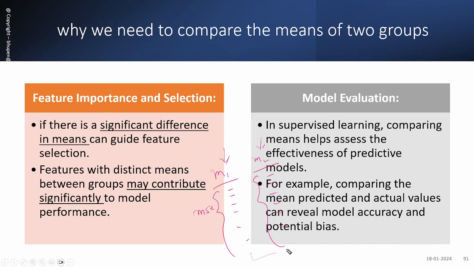And then we would like to see if the mean of the measure for M1 and the measure for M2 are equal, so the mean of M1 is equal to the mean of M2. If that's so, then you know that these two configurations of the model are really not different. If they are different, then you know one of these models is better than the other. So that would be another use case why we need to compare the mean of two different groups.